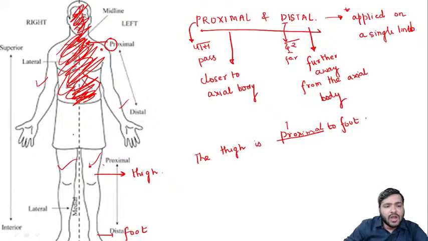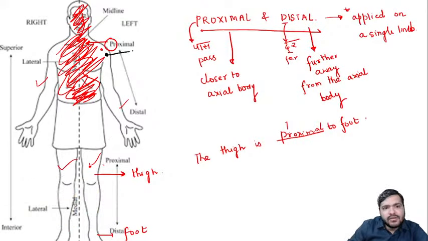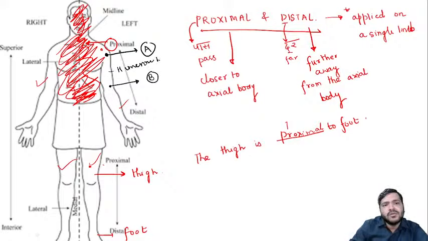Okay. Now if suppose I take two surfaces or two points, suppose one point over here, that is A, and one point over here, that is B. So these are two parts of the humerus bone.